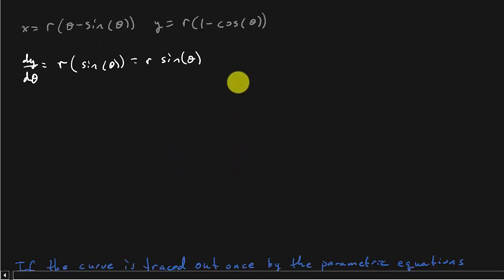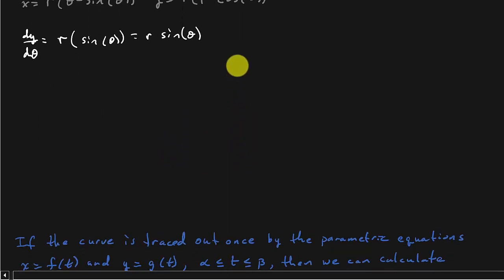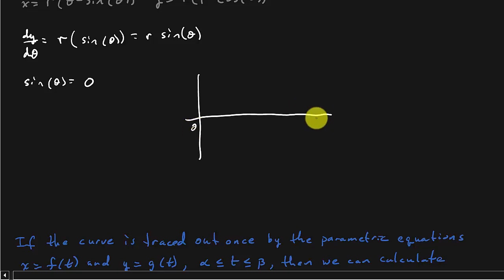So when is dy d theta equal to 0? Well, that's when sine theta is 0. Do we remember how to do that? Now if we look there, 0, 2 pi.